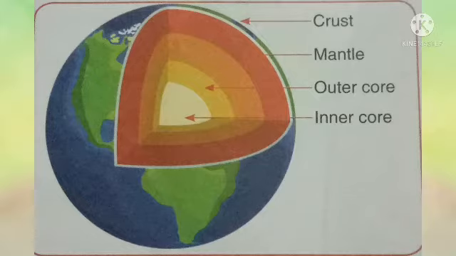Mantle is the middle layer of the earth. As we go deeper, it is a hot liquid. This hot liquid is called magma. The core is the innermost layer of the earth. It is extremely hot and can be divided into 2 parts, outer core and inner core.